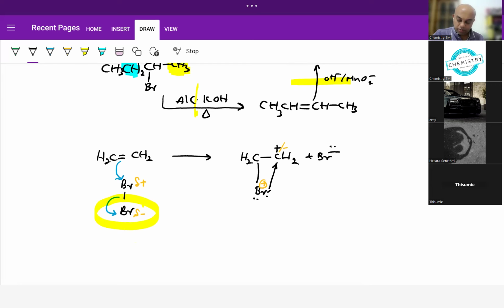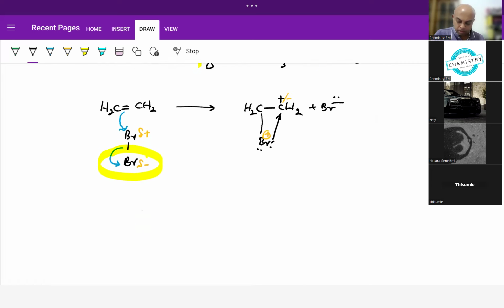So the intermediate product after this one will be H2C CH2, and bromine is in a cyclic structure, right? And we have a Br minus as well.